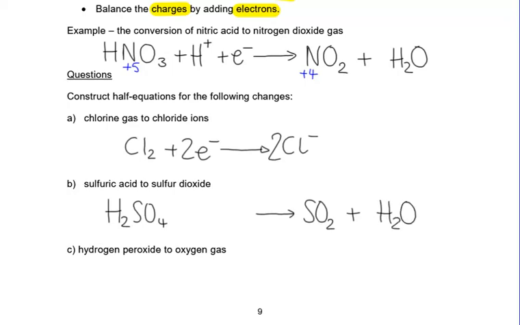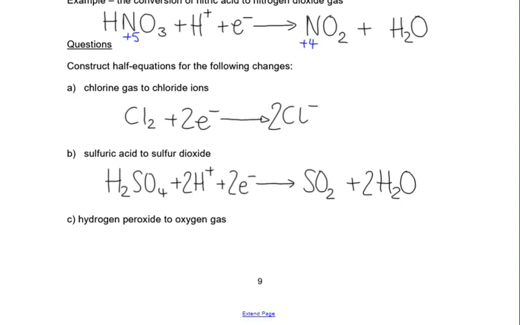How many more oxygens? 2. So 2 waters. Now I'm balancing the hydrogens. At the moment I've got 2 hydrogens on the left and 4 on the right, so I need 2 more on the left. And now I'm going to balance the charge by adding electrons. I've got 2 pluses and no charges on the right, so I'm going to add 2 electrons to the left.